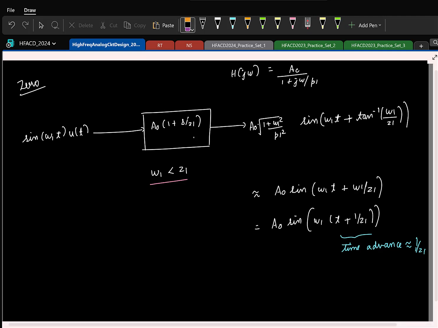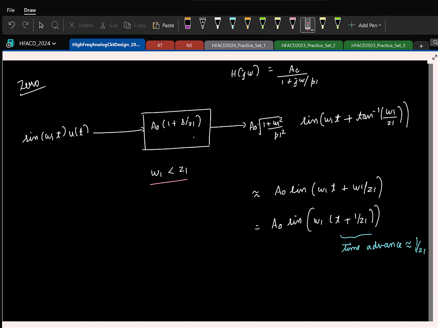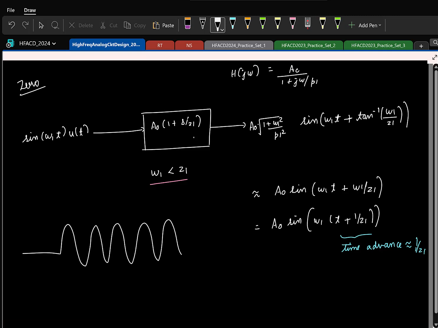Okay, see, when I write this, I apply an input like this. What kind of output is this? Is this the output for all time, or am I looking at some specific time? In steady state. Okay. So if you apply some input like this, it is not as though the output starts coming like this, right?